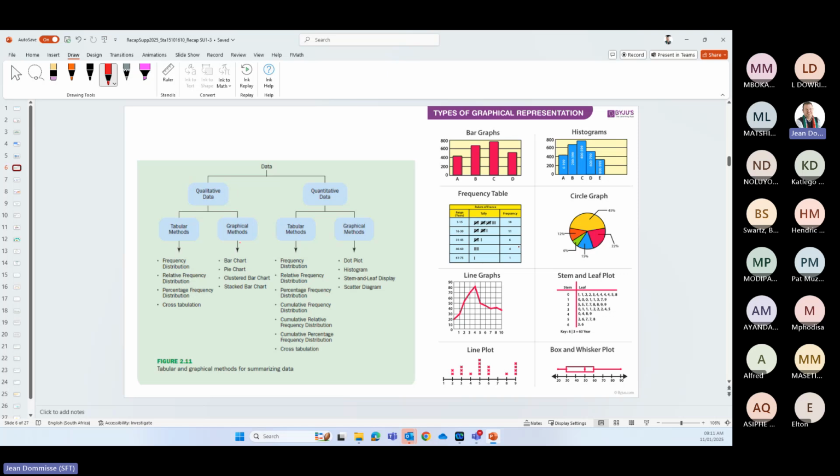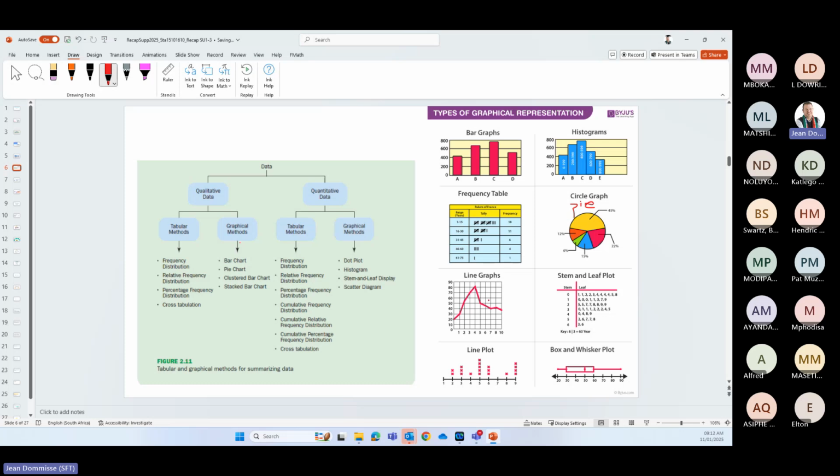You guys would have seen previously, we use bar charts, we use histograms. They love in the exams to put in a frequency table, circle graphs or pie charts. We don't really get a lot of those. Sometimes they throw it in, but not a lot.